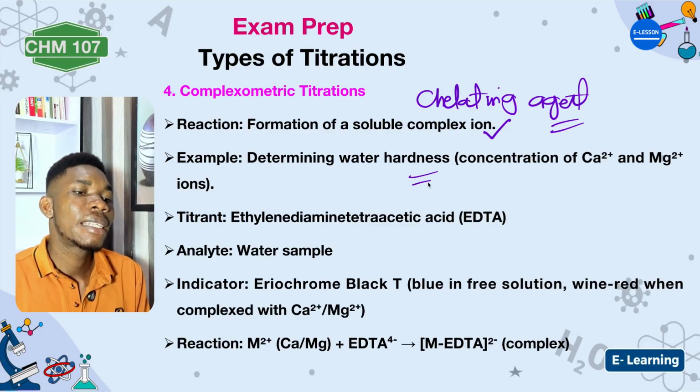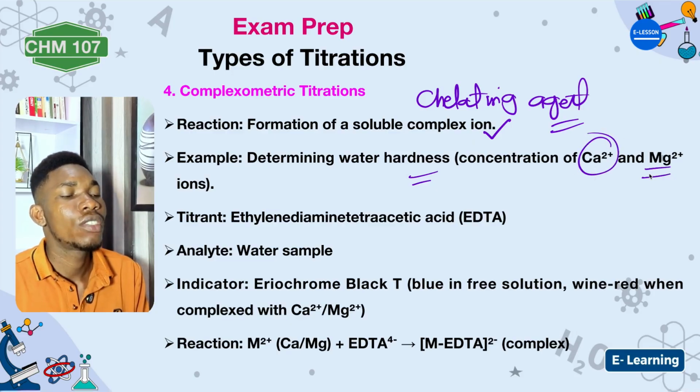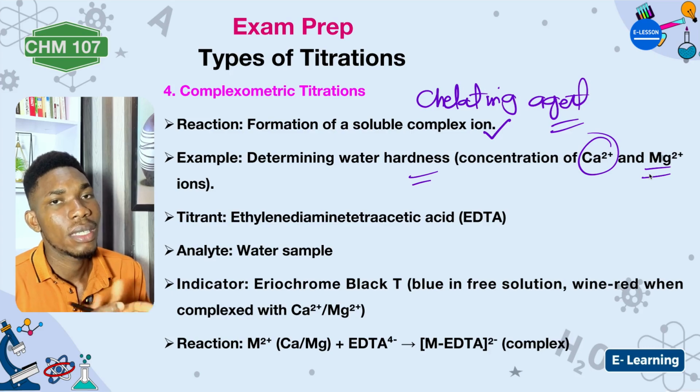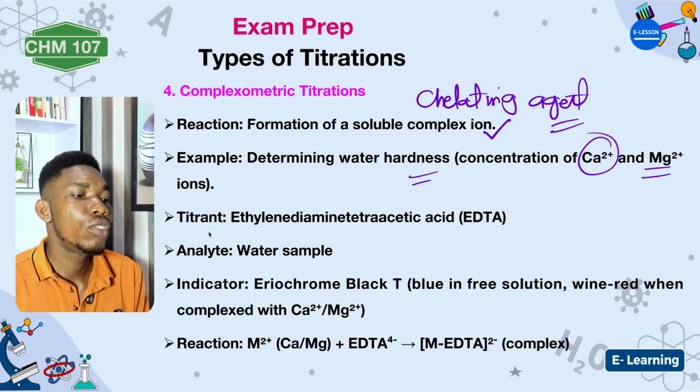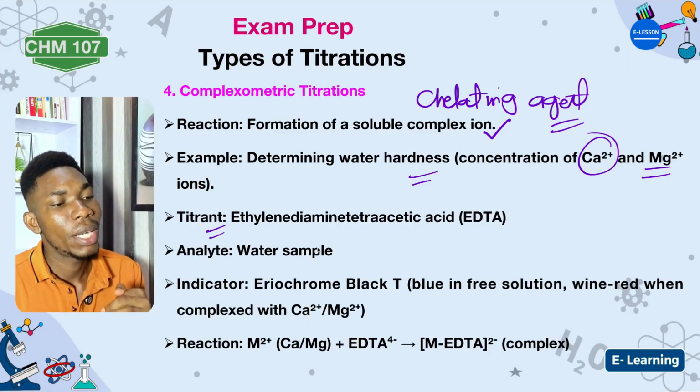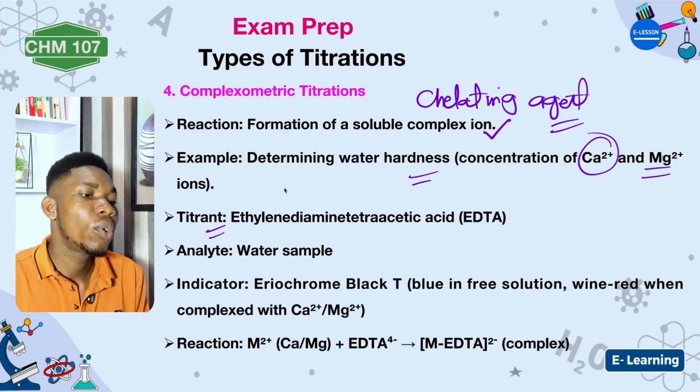You know, water hardness is the concentration of calcium ion and magnesium ion. These are the things that cause either permanent hardness or temporary hardness of water. The titrant that is usually used in complexometric titration is EDTA, which is called ethylenediaminetetraacetate. It's a polydentate ligand.